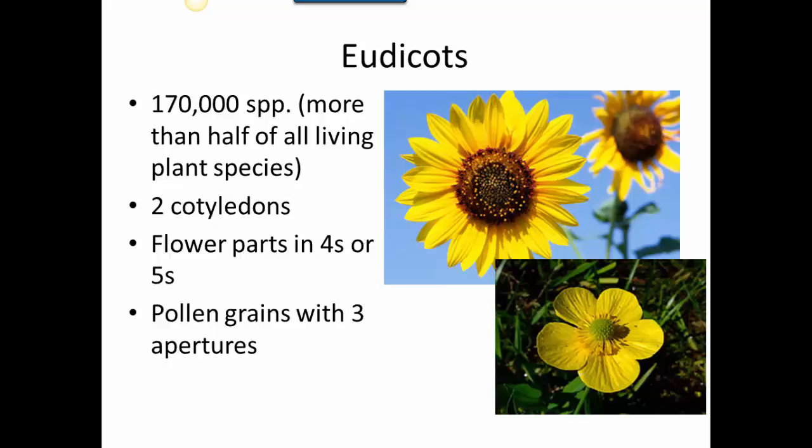Remember, we said that these plants are united in that their embryos have 2 little seed leaves, 2 cotyledons. Their flowers are generally in parts of 4s or 5s. You can see here on this buttercup, we've got 5 large petals. And their pollen grains all have 3 apertures or pores.